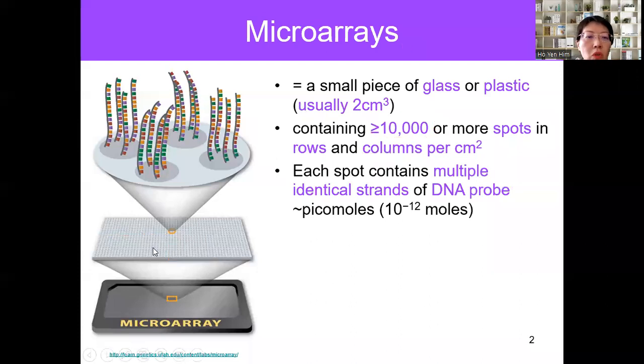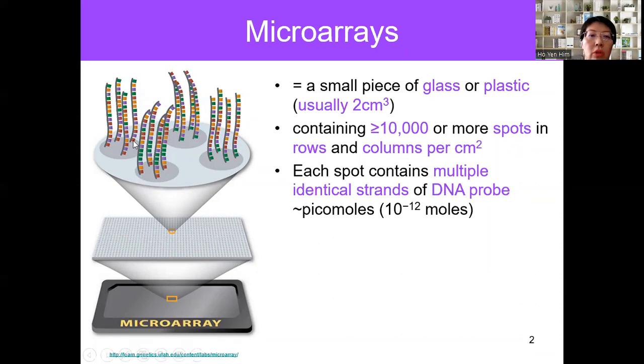And each spot, so we enlarge the spot, each spot contains multiple identical strands of DNA probes. You can see here, this is one spot, and in this picture it shows 4 identical DNA probes. You remember, a DNA probe is a single-stranded DNA where the bases can be complementary to the bases of the DNA that we want to find or fish out.